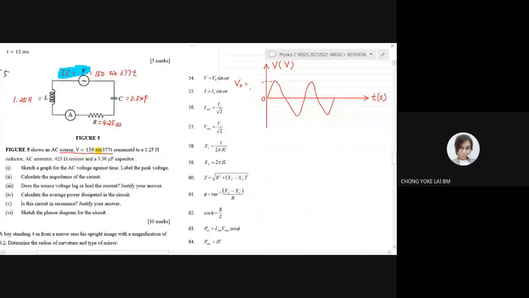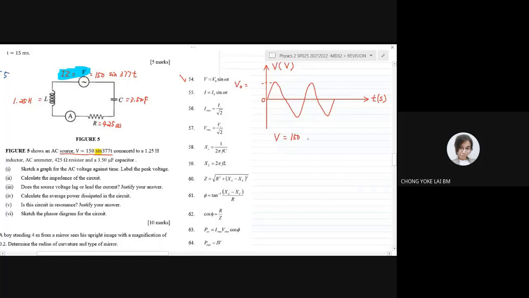Macam mana you nak tahu nilai V0 dia berapa? So you might compare the equation of the AC circuit given with equation 54. You can compare it with equation 54. So 150 sin 377t.